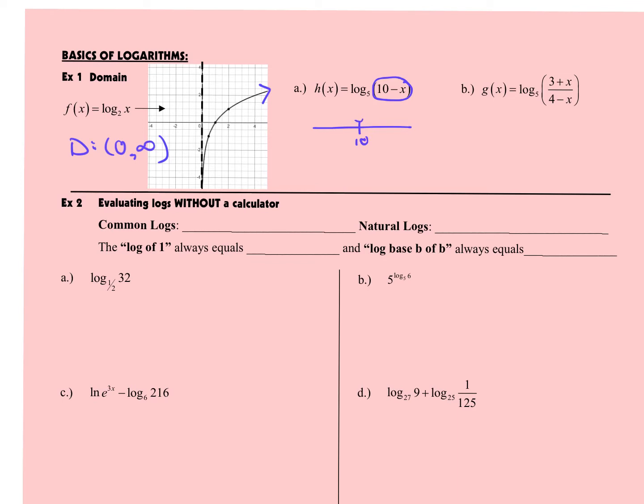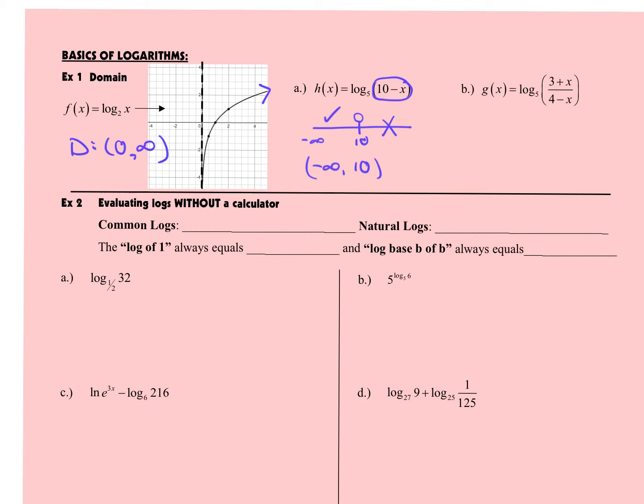We'll give it an open circle because, of course, that's where the asymptote will appear. And then we'll test on each side, just like we have been doing all along. We can see on this one that on the left-hand side of that value, it's going to give us positive values. On the right-hand side, it'll give us negative values. So our domain is negative infinity up to 10, and again, parentheses on each side because of our open circle.